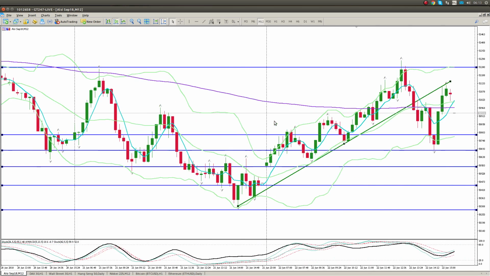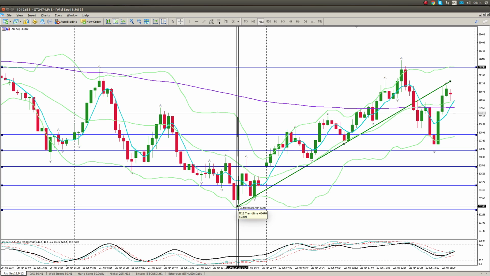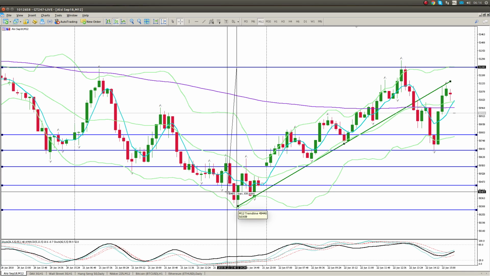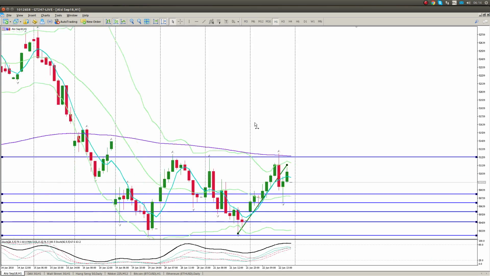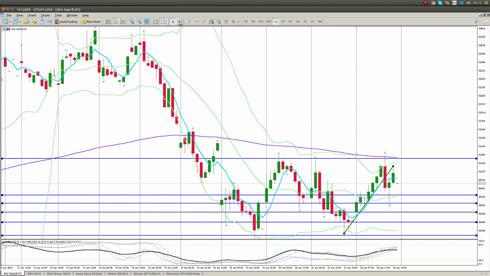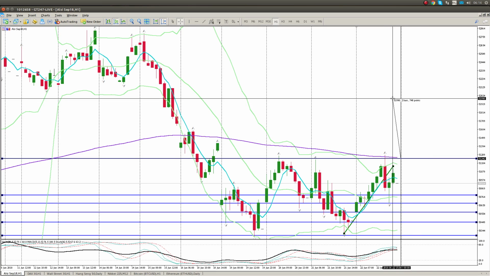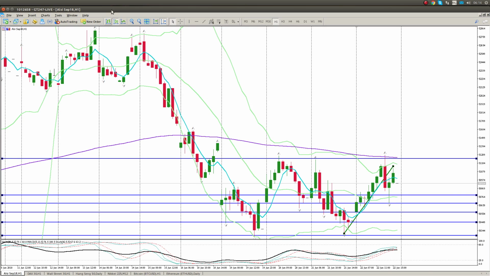So if we break the upside, then you've got pretty much a swing trade for, let's just be conservative here, around 850 points. And if we take 850 points from here, around there, which tests the underside of this here.